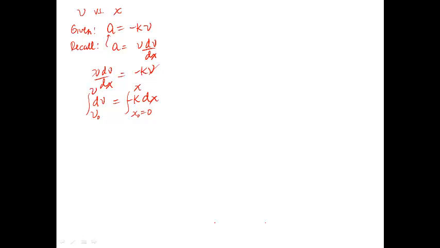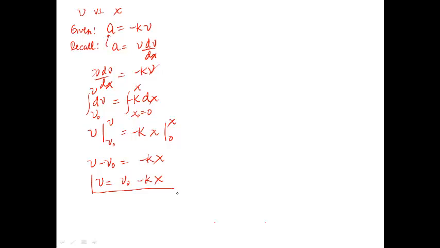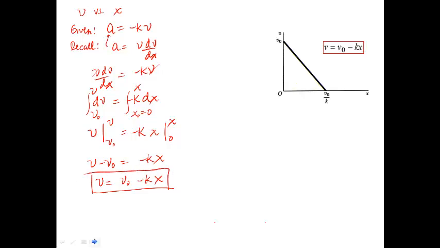Okay, integrating the left side, integral of dv is v. v naught to v must be equal to negative kx evaluated from 0 to x, giving us v minus v naught equal to negative kx, which is just a linear relationship between the velocity and position, and the graph would be somewhere here.